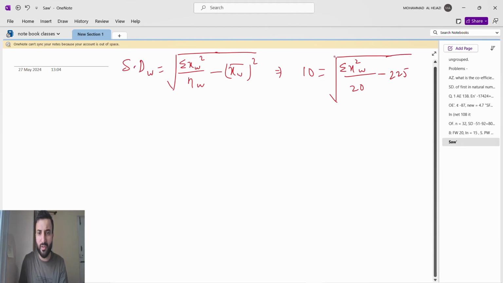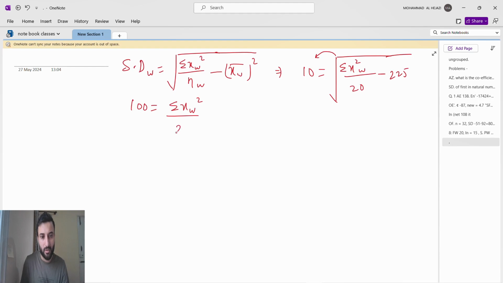We send the square root to the other side, it becomes square. So 10 square is 100. 100 equals summation of x square divided by 20 minus 225. This minus 225 goes to that side and becomes plus. So 100 plus 225, 325, equals summation of x square divided by 20.